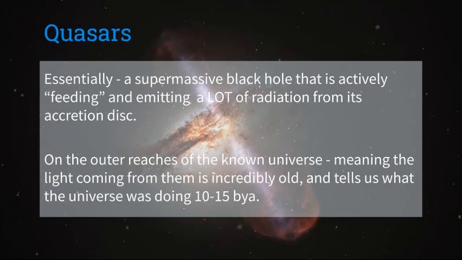But we don't see that. Instead, what we see is that things closer to us have moved on past that quasar state to look more like the galaxy that we know and love, the Milky Way, the one that we live in. So, quasars let us look back in time to see what things might have been like in our neighborhood 10 billion years ago.